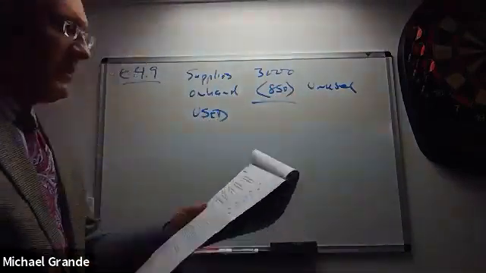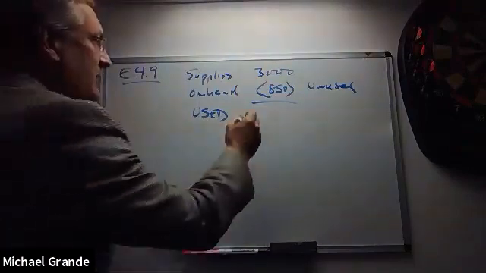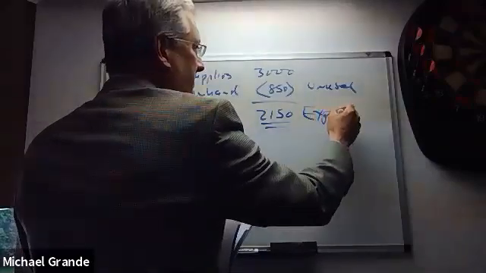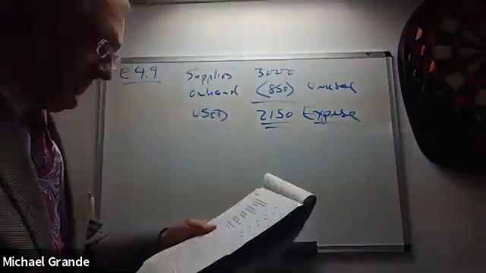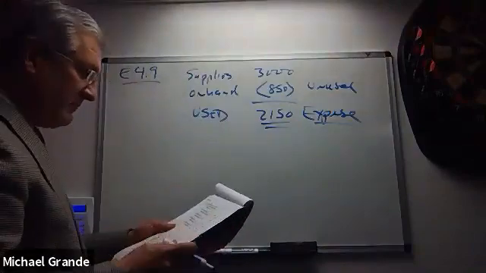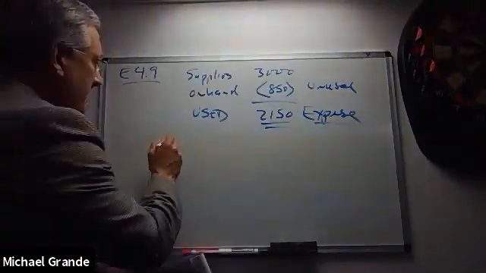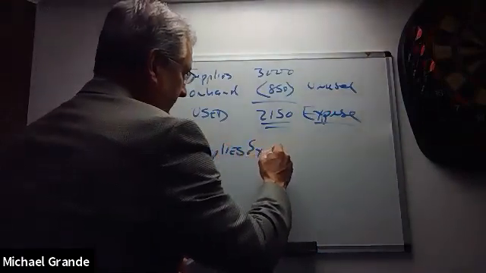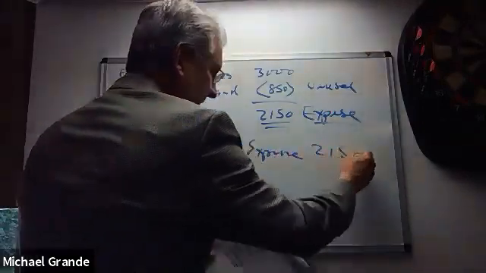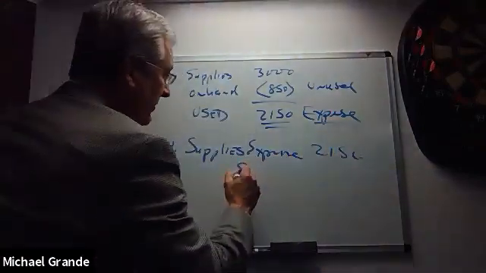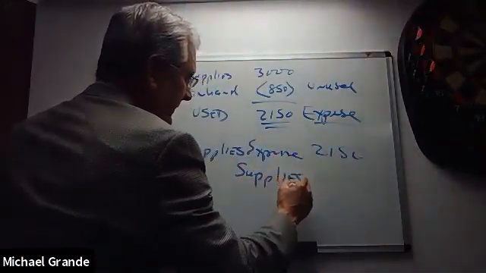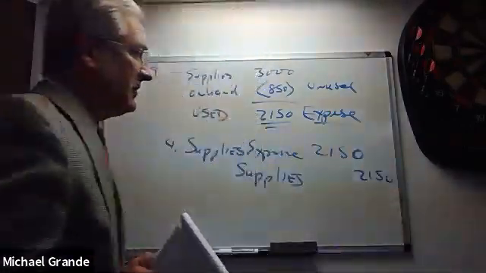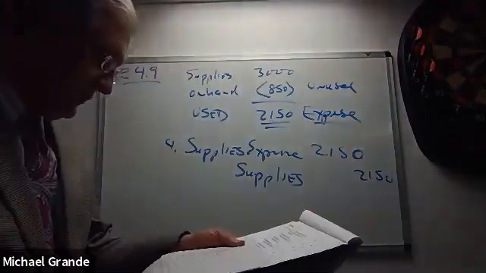Well, it's the 3,000 minus the 850, so they used $2,150. When it's used, that means it's an expense. So we're going to have a debit. So this is item number 4: supplies expense for $2,150, and a credit to supplies, the asset account, for $2,150. So it shows the amount that was used.